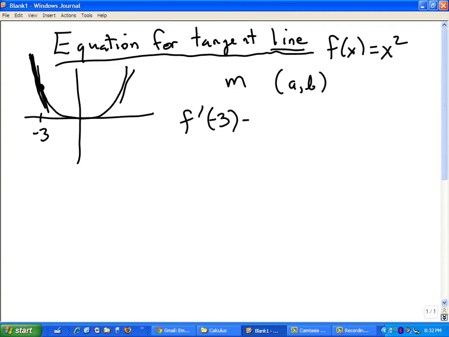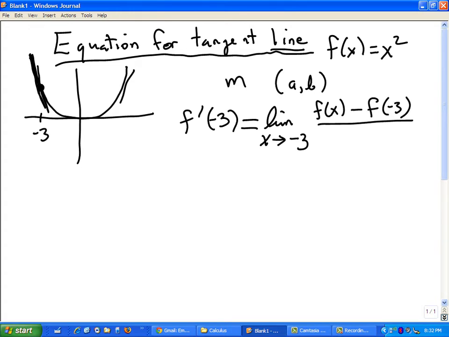Okay, the definition of the derivative, we'll use it in the x approaches a form. This would be the limit as x gets close to a, in this case -3, of f of x minus f of -3, over x minus -3. You're going to have to learn that definition.